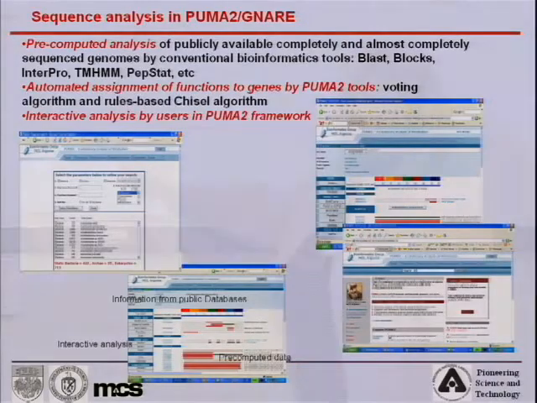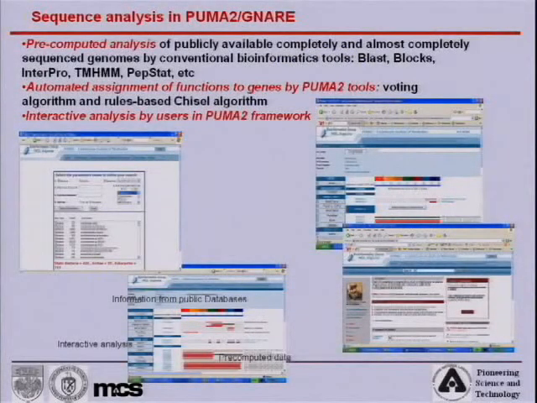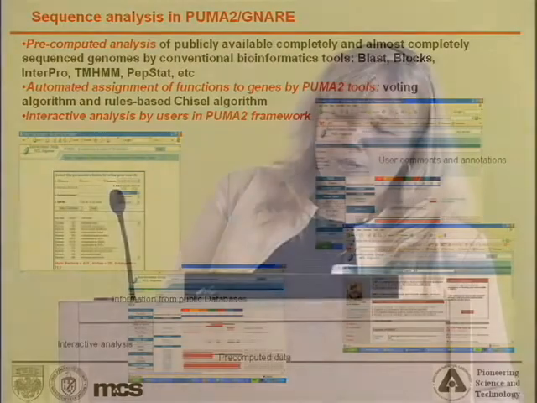This is blocks, this is InterPro, domain analysis, BLAST. If you go down, there will be BLAST against PDB structural databases. If this information is not enough for the user, on the left side he can do interactive analysis. So there are a lot of possibilities to refine the analysis, and the user can add comments and annotations.